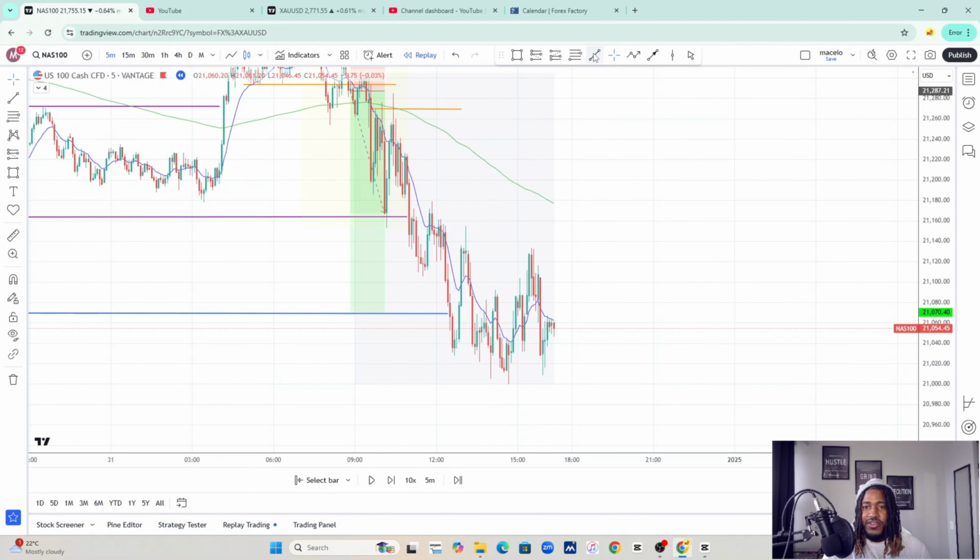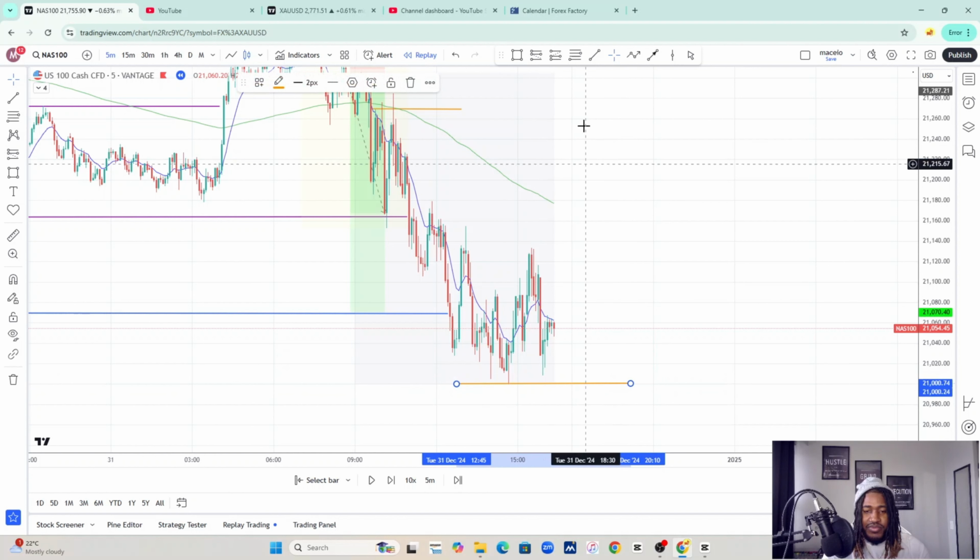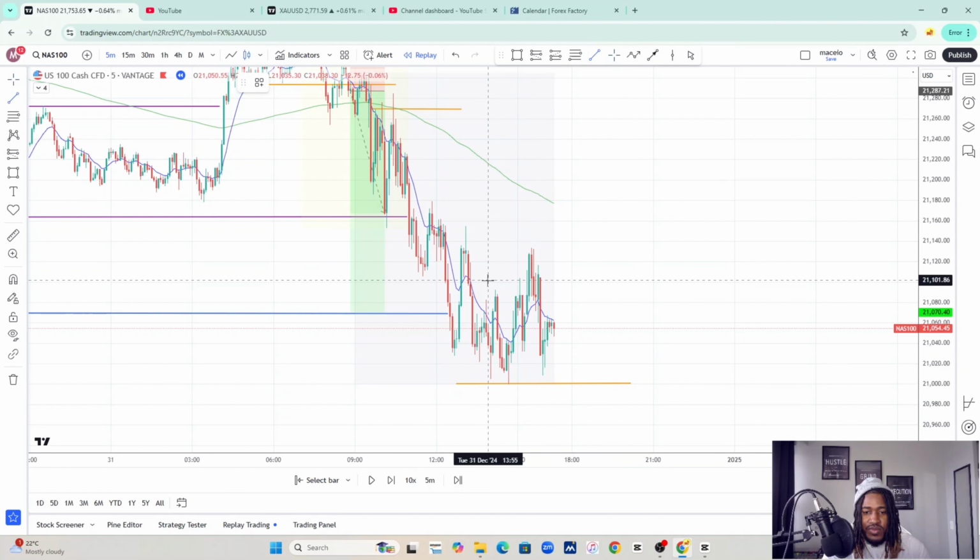So price right now at the moment is making a small little range. Come on, click right now. And I'm not going to do anything at the moment on this either. Right there. But price also broke an area right here as well.